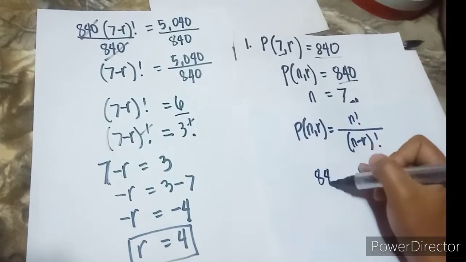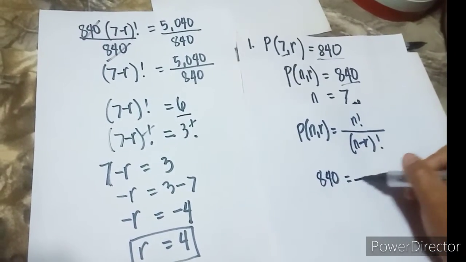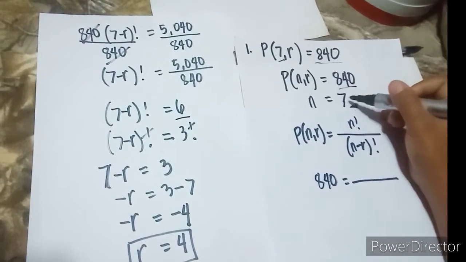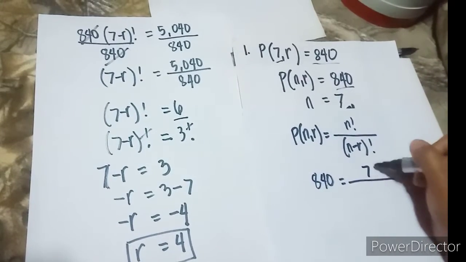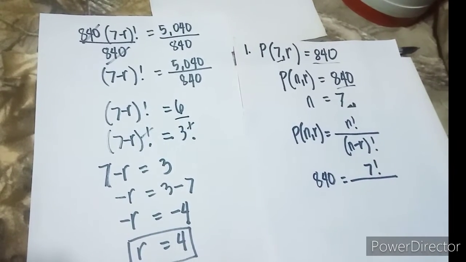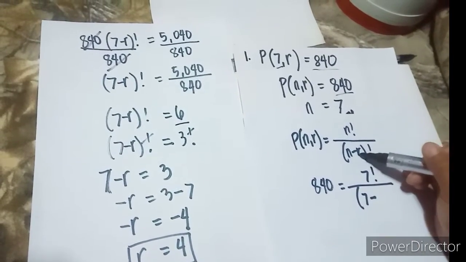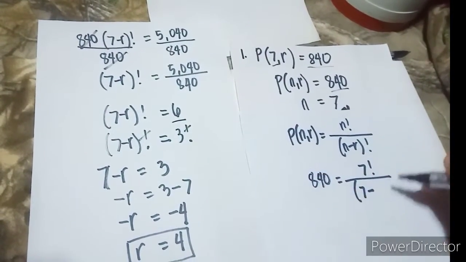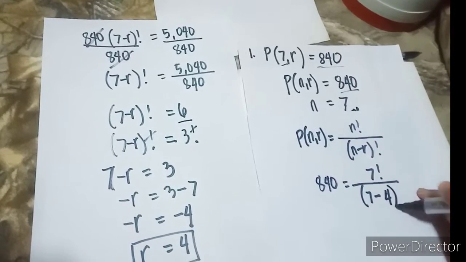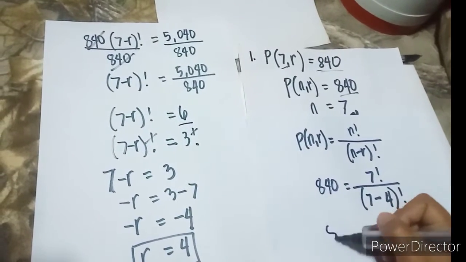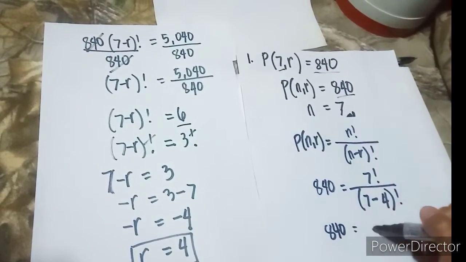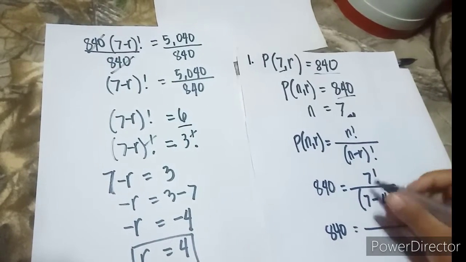So we have 840 is equal to, the value for our n is 7, 7 factorial over 7 minus the value for our r, which is 4, 4 factorial.